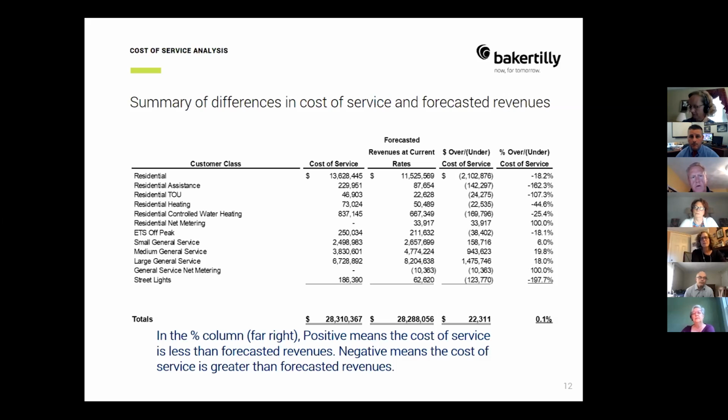I think part of it is the rate philosophy that perhaps we want more economic development rates, and we would like industry to be competitive in our town. So we want their rates to be closer to the cost of service.